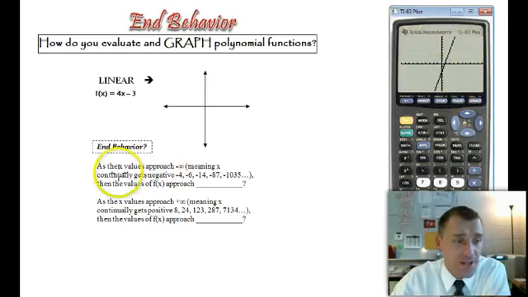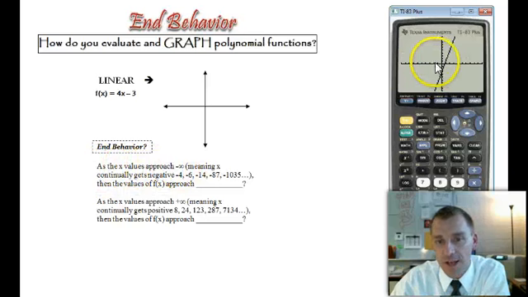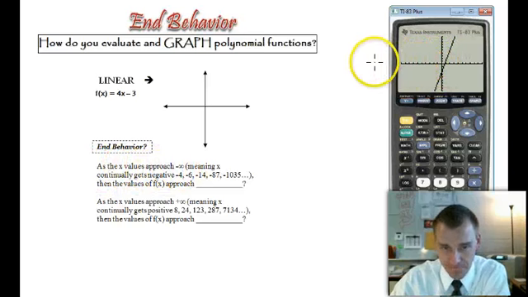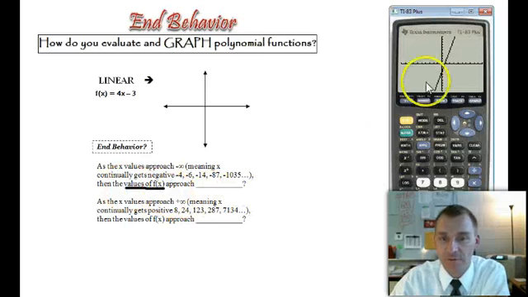But the point is, as x approaches negative infinity, so as I would be walking on this x-axis right here, going to the left, keep on going that way. The question is, then what are the values of f of x actually doing? So which way are my y values going? As I walk left, what's the actual end behavior of the graph?